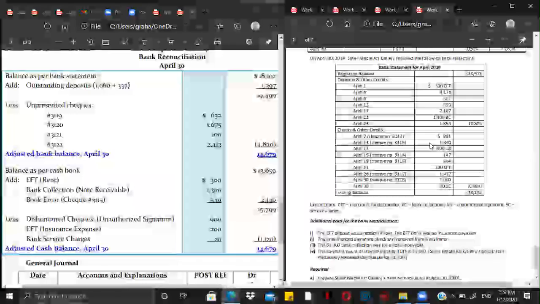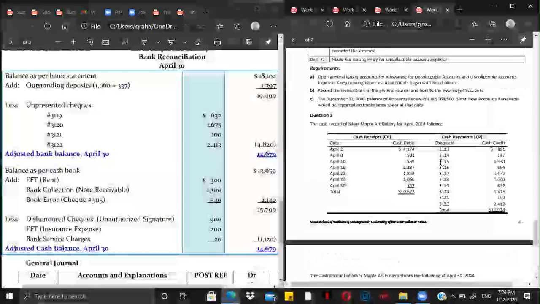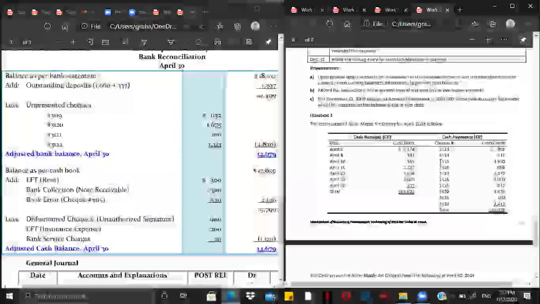So we would have written this down in our cash book as cash received, right? But no, the check bounced. So basically, we have to take this out of our bank balance.